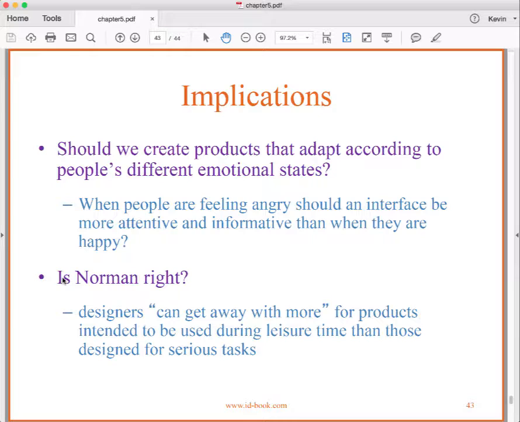And Norman, one of our researchers, believes that designers can get away with more for products intended to be used during leisure time than those designed for serious tasks. I really get what he means, and I think he's got some research to back this up.